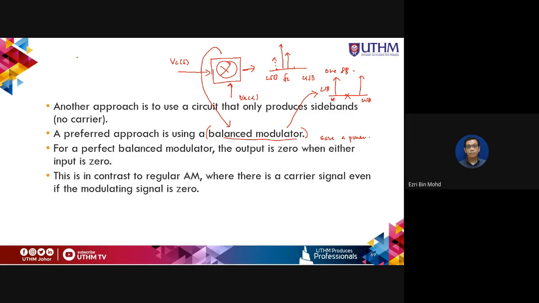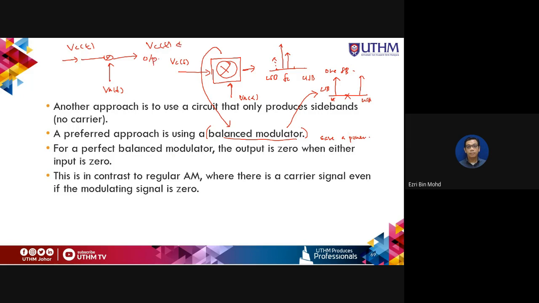For conventional AM, let's say for example, VCT goes to the amplifier with VMT. Even though VMT is not supplied to the modulator, VCT is still produced at the output.